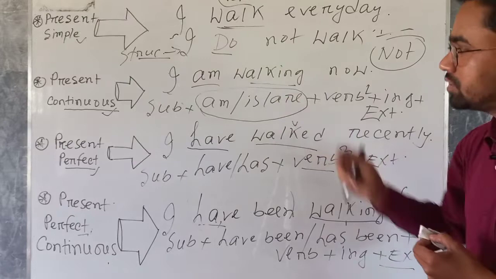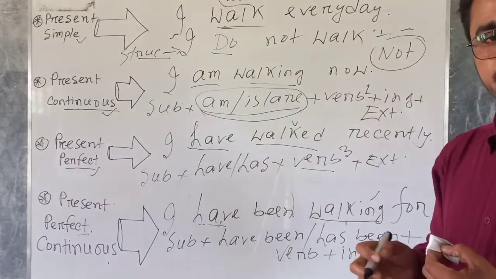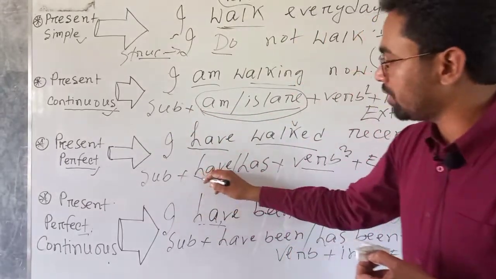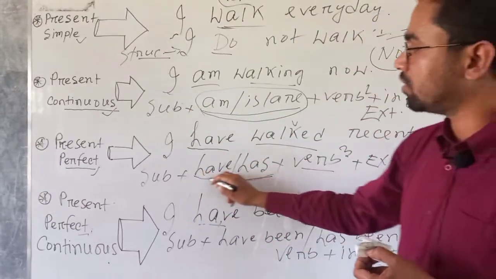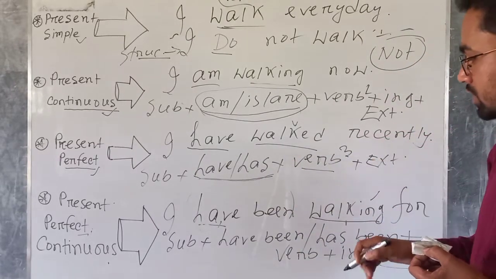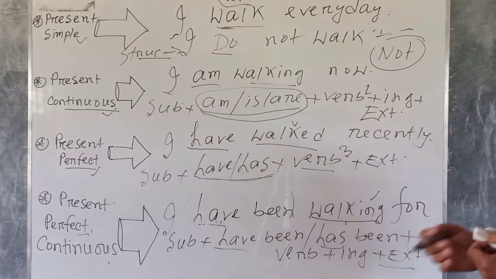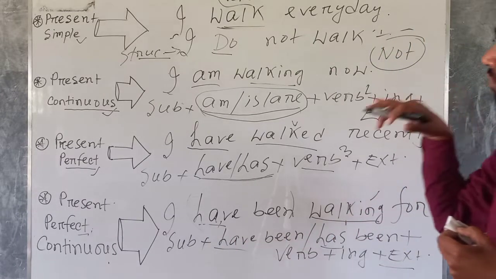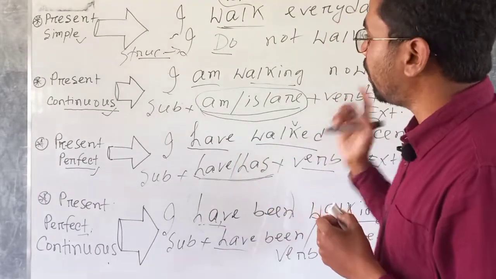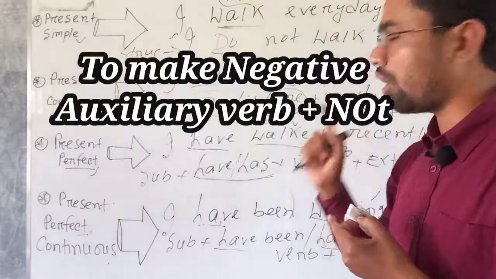In the present continuous tense, you have am, is, are as auxiliary verb. In the present perfect tense, you have have and has as auxiliary verb. And in the present perfect continuous tense, also you have found have or has.